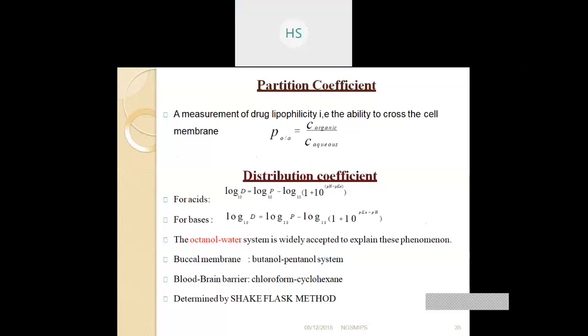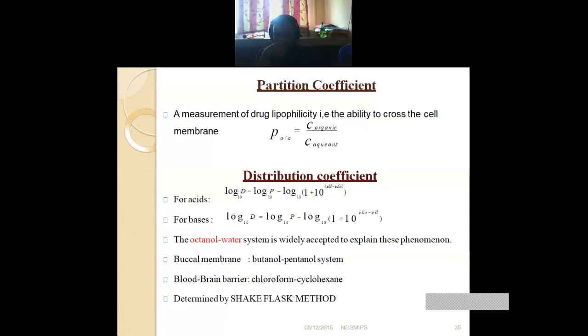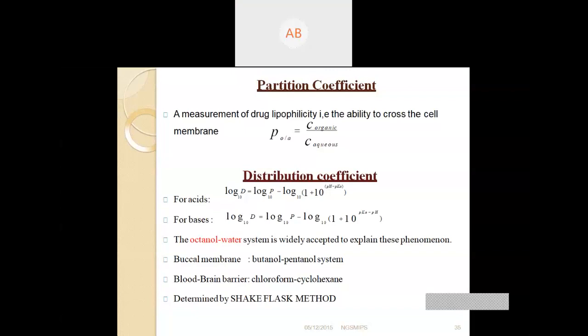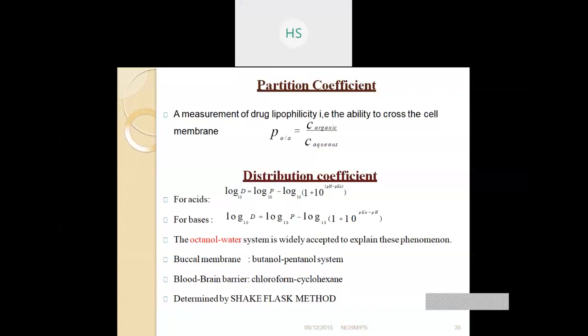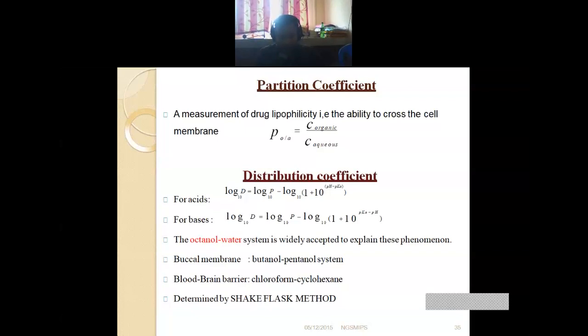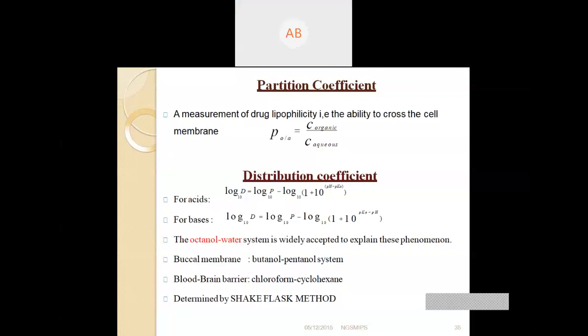Sir, nearly neutral, I guess. In between 6.2 to 7.6.